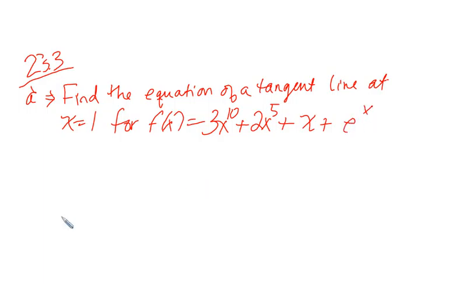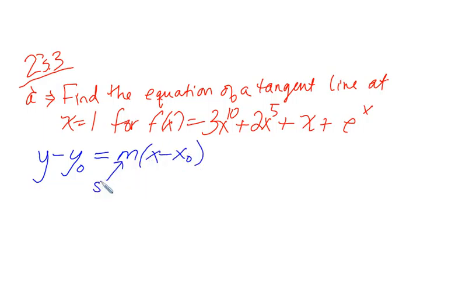Okay. So to find the equation of a tangent line, we're going to need two things. We're going to need a slope and an anchor point. So here is the equation of a line. We need a slope.